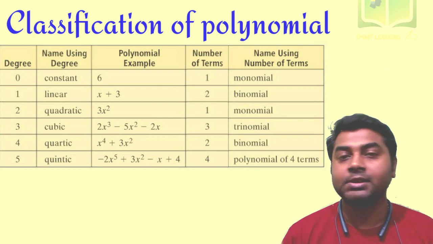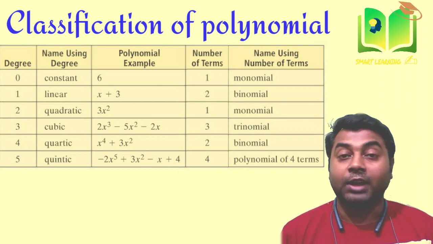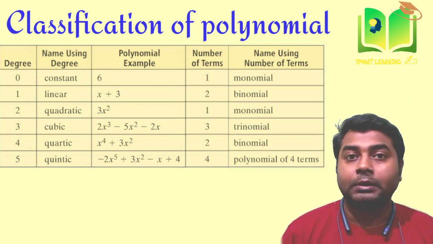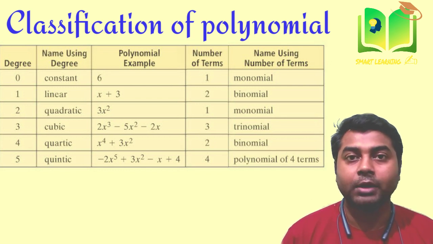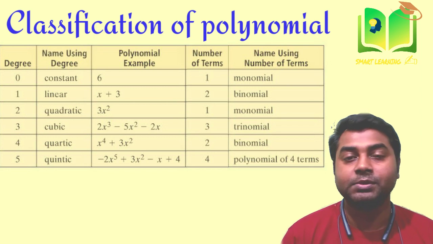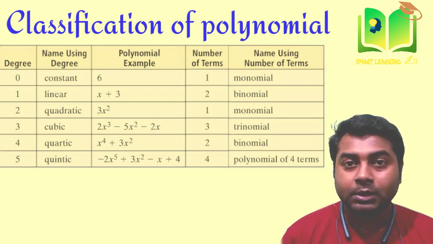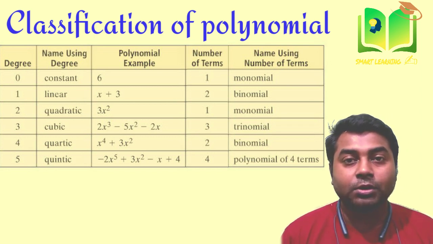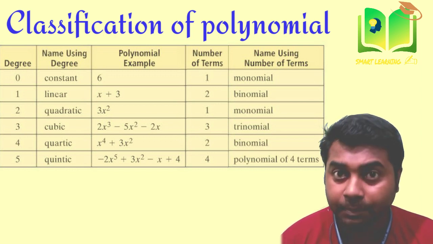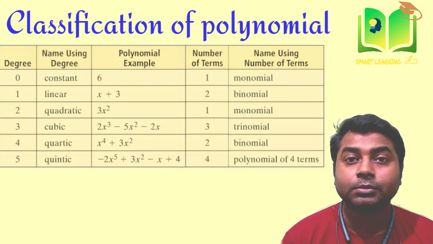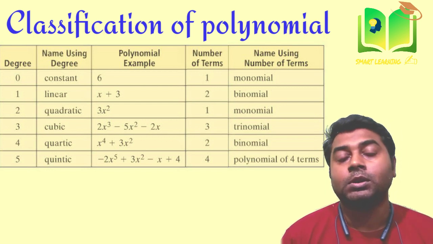Now we will discuss here the types of polynomial. Before we start, I will separate the types in two parts. First part is according to degree, and second part is according to terms.